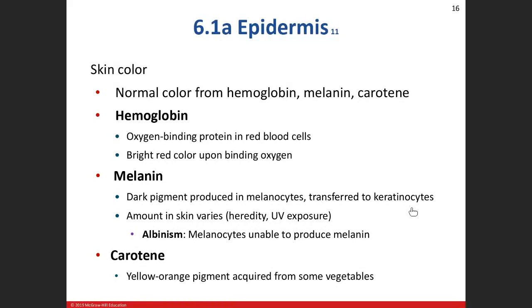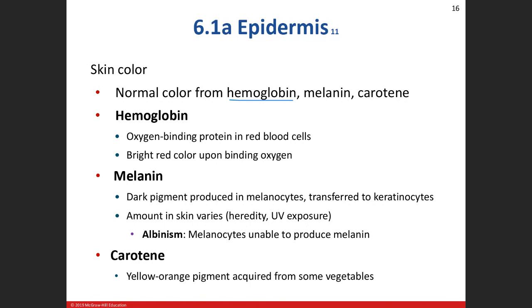Okay? All right. So the 3 things that are listed up here pretty much will help determine our skin color. Okay? Does anyone know what hemoglobin is? What's hemoglobin? It has to do with your blood. Okay? Hemoglobin is the protein molecule that carries oxygen in the blood.